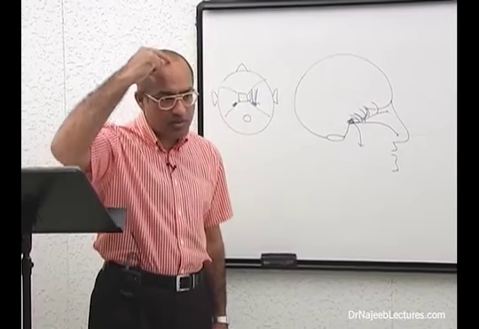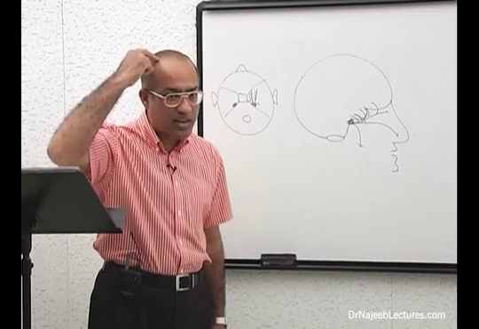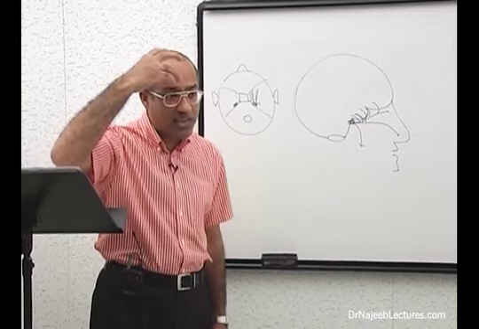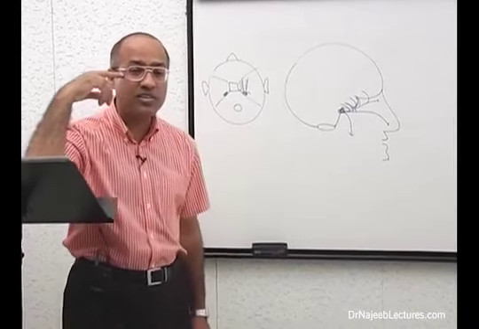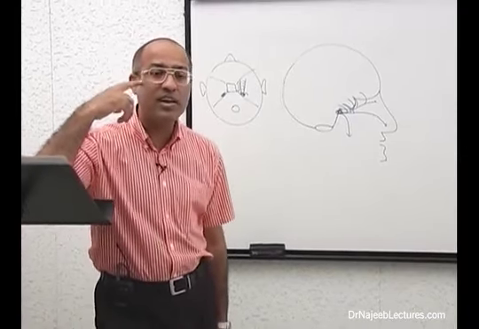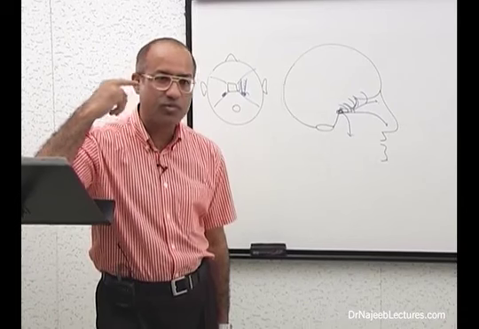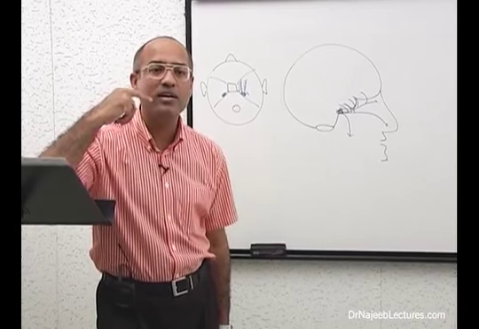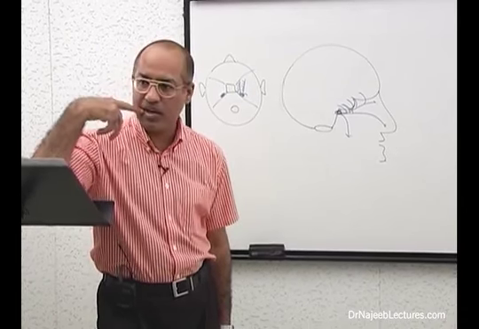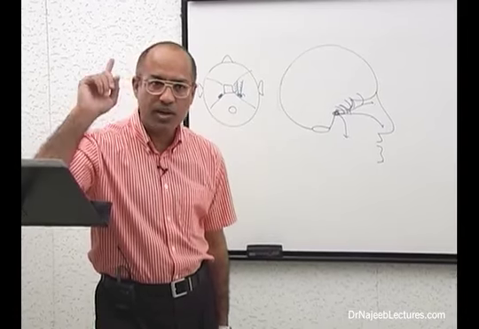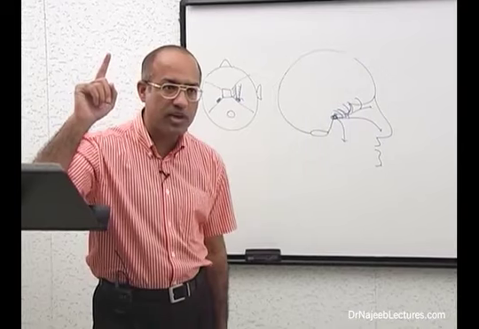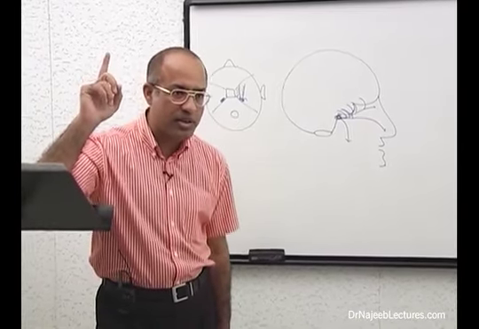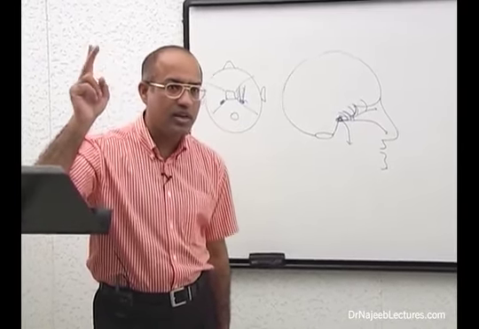You know, ophthalmic division supplies supratrochlear, supraorbital. So patient will develop severe pain in the forehead. Or if pain processes involve the maxillary nerve branches, pain will be referred in maxillary area. Am I clear?